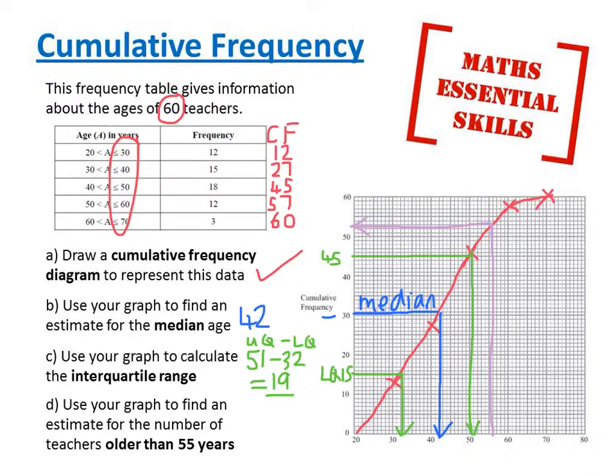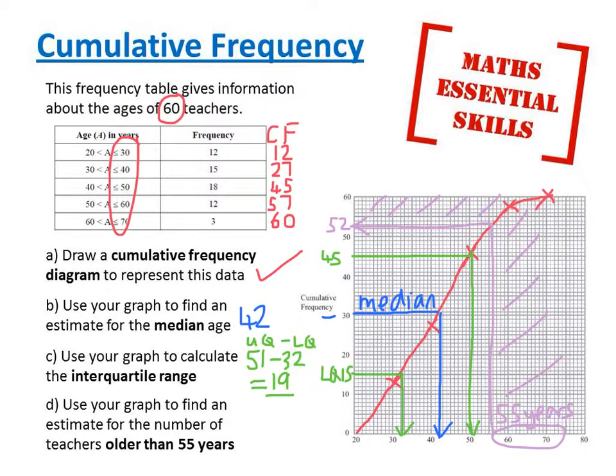And again, that should be done using a ruler, and that is for 55 years. Now, when I get to this point, I can see that it reads off the number 52. Because I want to know the people that are older than it, on this axis, the older people are on this side, they're over here.